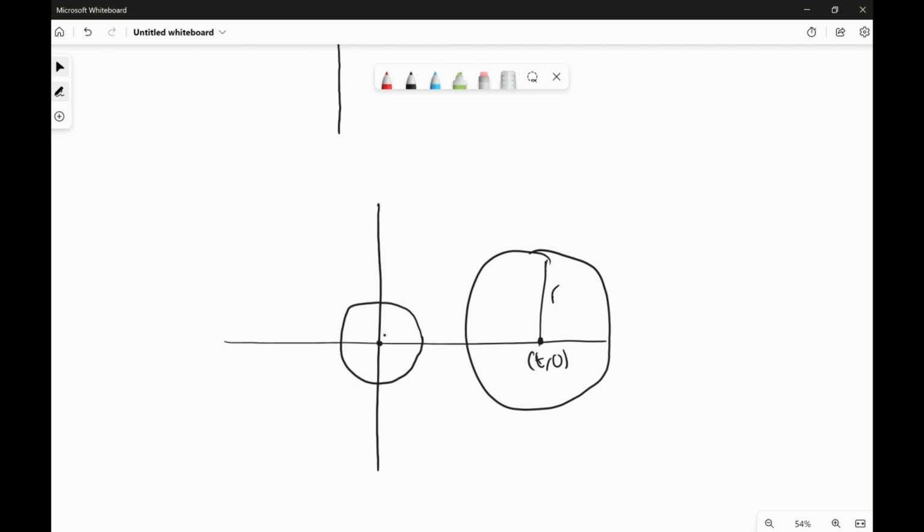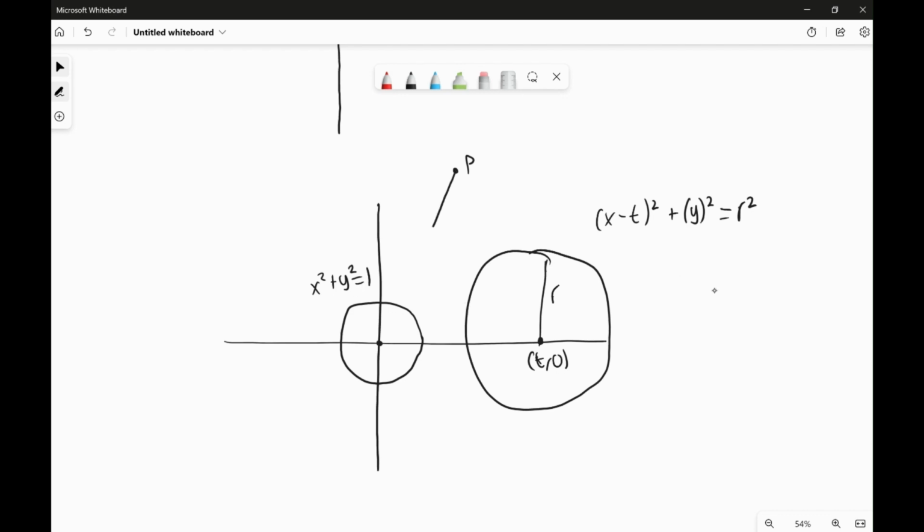So this circle here has equation x squared plus y squared equals 1, as we know by the Pythagorean theorem. And this circle here has the equation (x minus t) squared plus y squared is equal to r squared. And we want to find out what the set of points P that satisfy that the power with respect to each circle is the same.